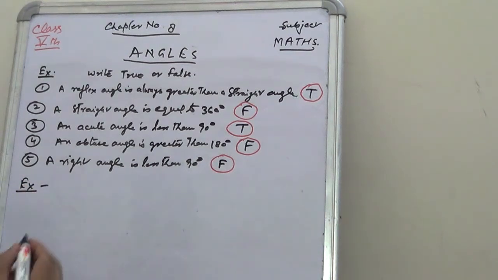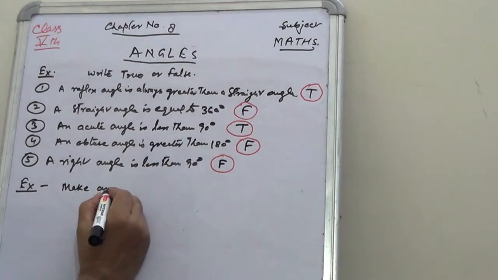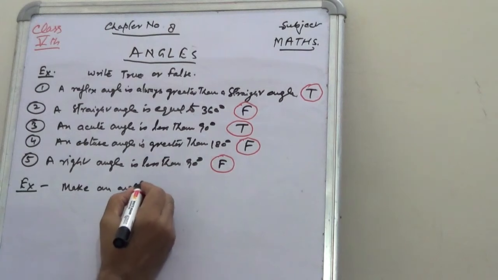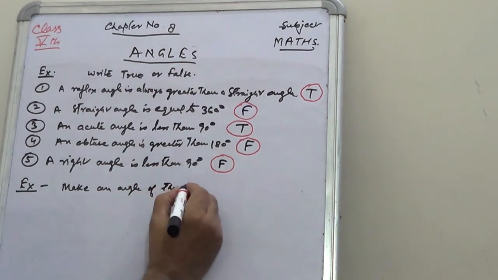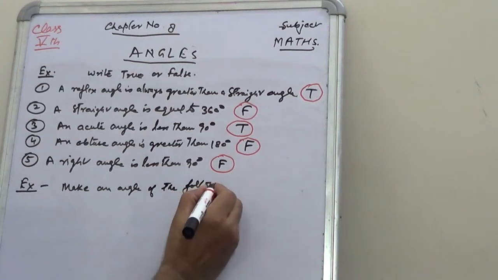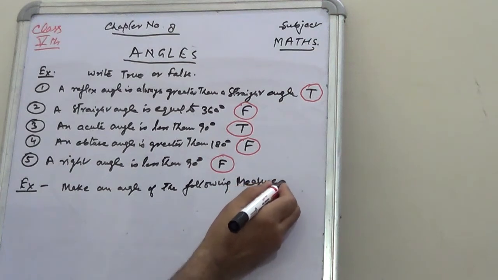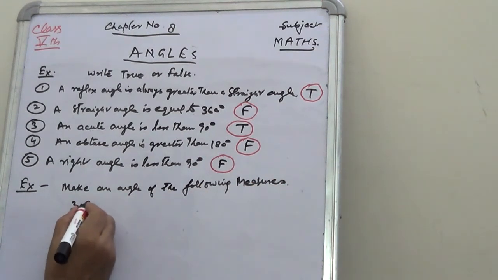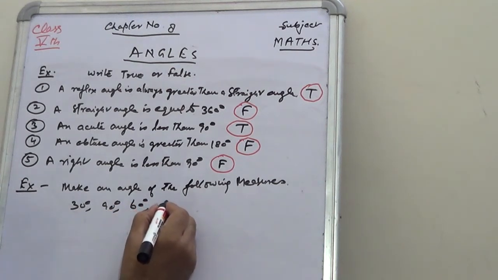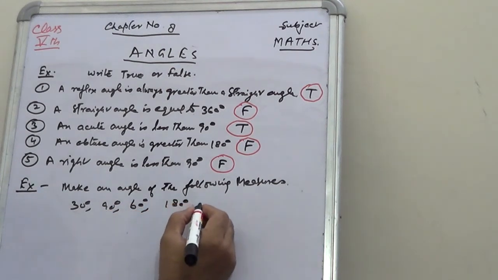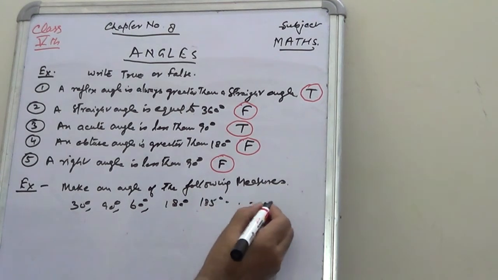They ask you to make an angle of the following measures. 30 degree, 90 degree, 60 degree, 180 degree, 135 degree, and so on so forth.